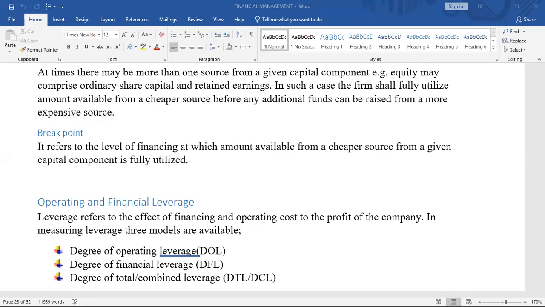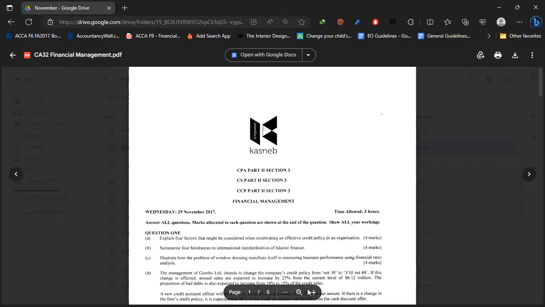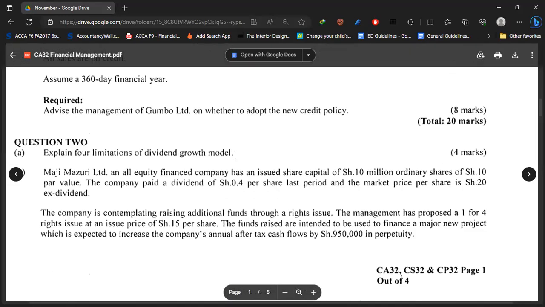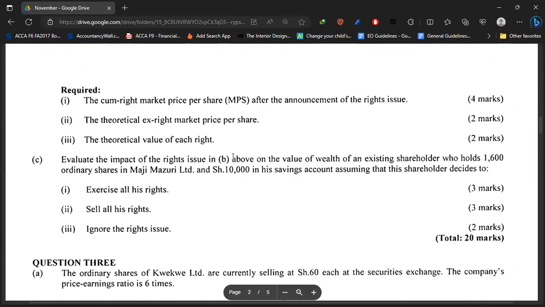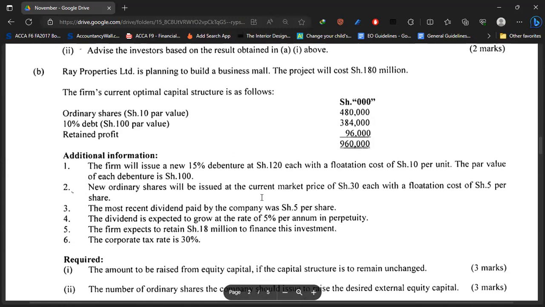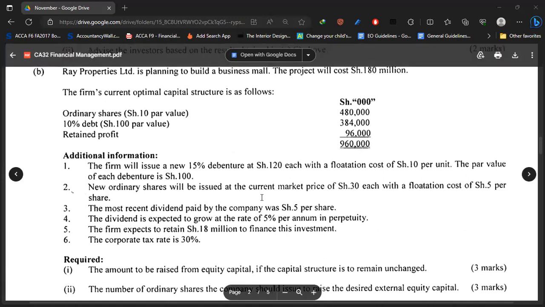November 2017 financial management. David Mwau, you can read for us. I can see you have unmuted.